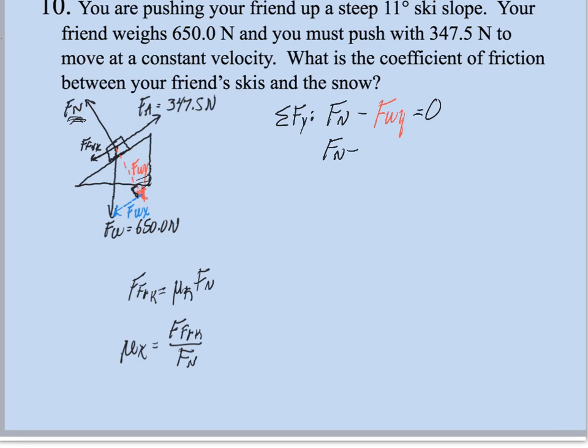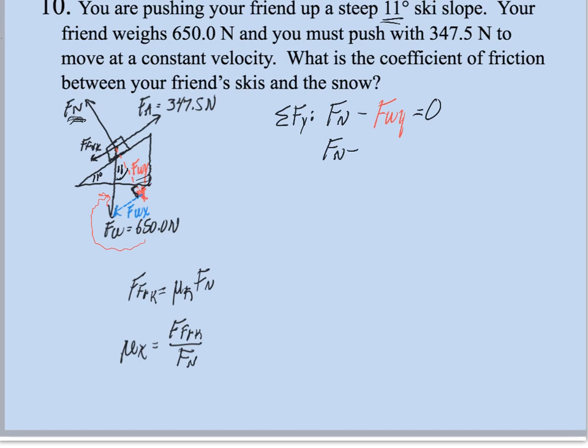Well, there's no way I can find normal force without solving for FWY. And let's think about it, we need to go back. I forgot to put something in my free body diagram. We forgot this 11-degree slope. So 11 degrees right there, which means it's 11 right there. And if we know the angle is 11, and we know the hypotenuse, remember this would be the hypotenuse right there, 650, we can find FWY, the adjacent side to the 11 degrees.